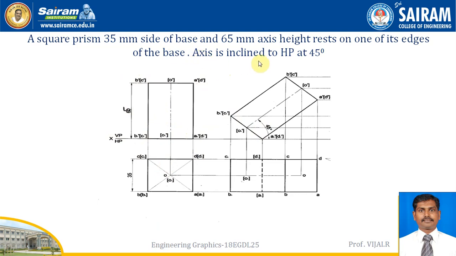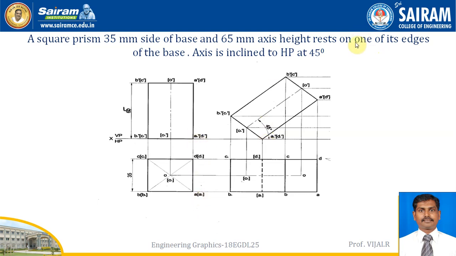the axis is inclined to HP at 45 degree. So now the prism is going to be tilted to 45 degree. So how to make it? In SolidEdge software we can just copy and move it here, and rotate with the edge.